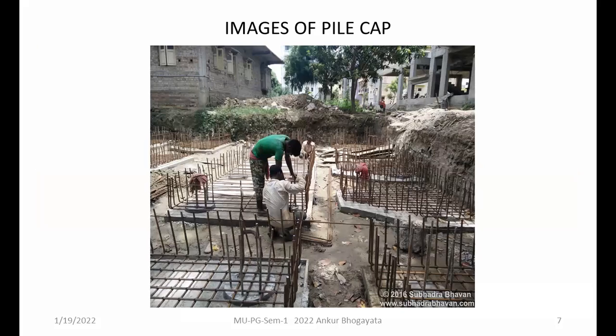Here is another set of pile cap reinforcement you can see more clearly, a mesh like structure. Right now you can see only the bottom steel is being provided, but gradually you have to replicate this steel in the reverse direction also, right?